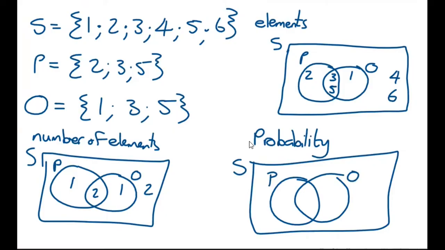So remember, the probabilities is how many things could happen over the total number. We've got a total of 6 things that could happen. So in the prime only part, it's going to be 1/6. In the odd only part, it's going to be 1/6. And tell me if this freaks you out, but in the intersection and outside the circles is going to be 1/3.